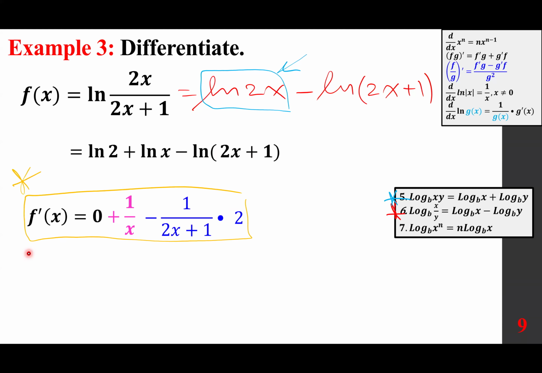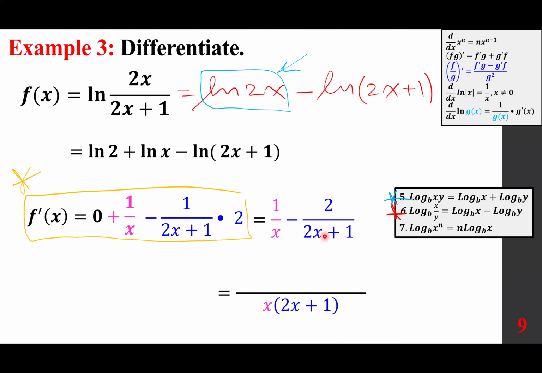Everything we have done has been an algebraic step, and everything we'll do from here on will be algebraic. So having said that, this is 1 over x, this is minus 2 over 2x plus 1, and the common denominator, the LCD, is x times 2x plus 1.